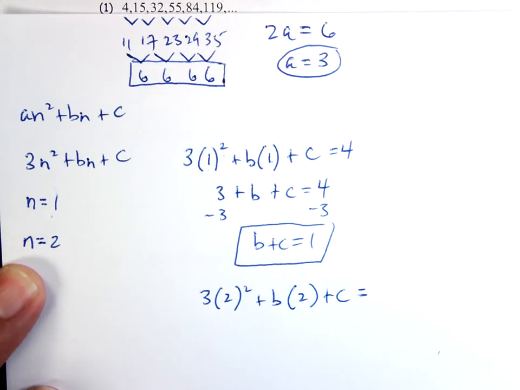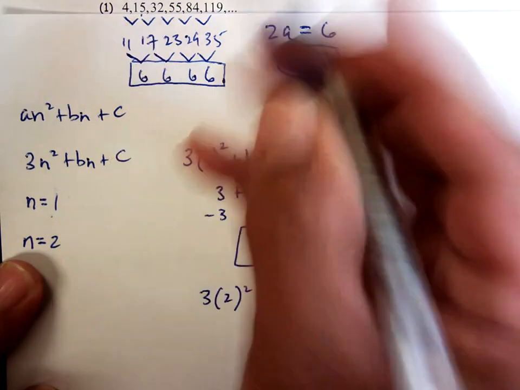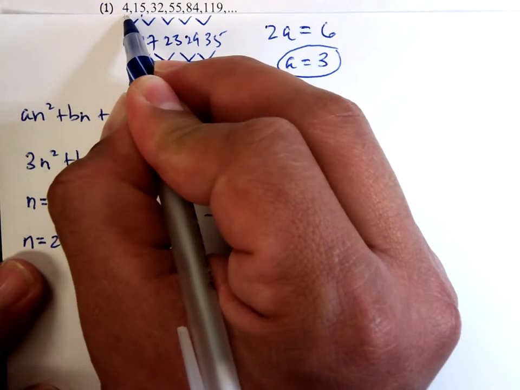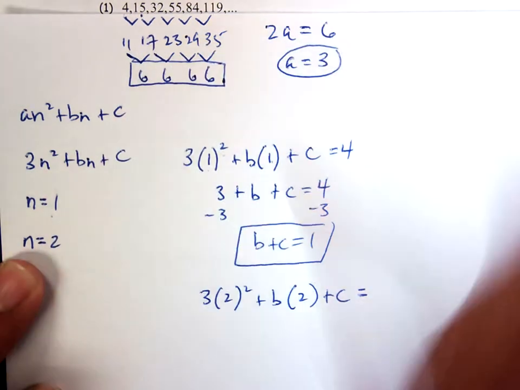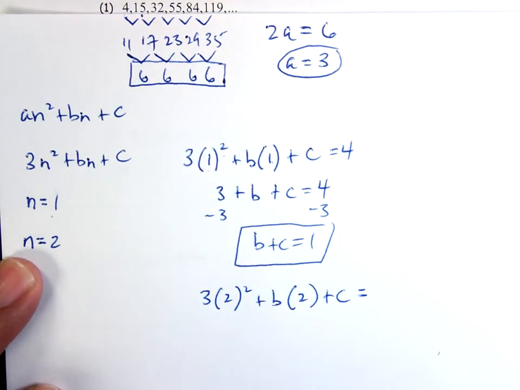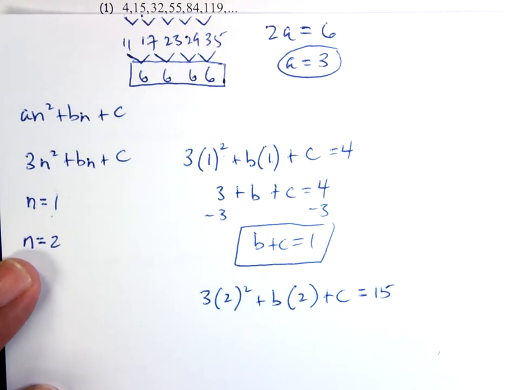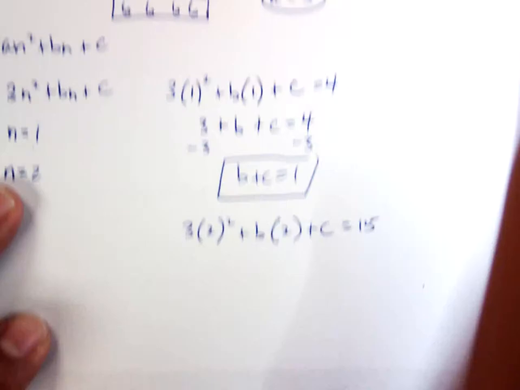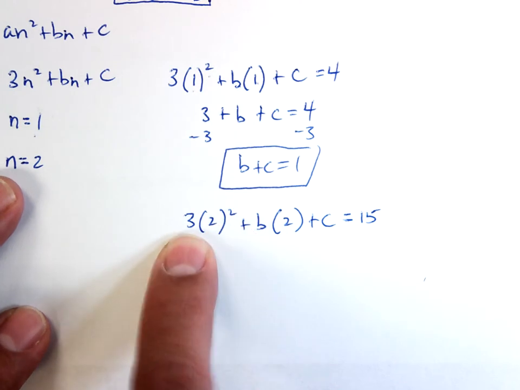What is it equal to? When n is equal to 2, what is my second term? Remember, n equals 1 is the first term, and n equals 2 is my second term. So when n is equal to 2, it has to be equal to 15. Okay, so now let's simplify. 2 squared is 4, and 4 times 3 is 12.